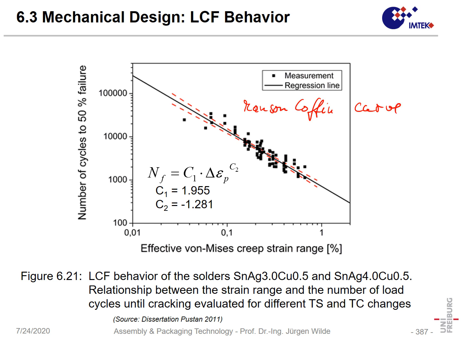And now the next step would be we make a regression to that curve. Here we see the prefactor is roughly 2. The exponent is, in that case, minus 1.28. So it's always negative. That's also clear, because the higher the strain range, the lower the number of cycles, or the lower the strain range, the higher the number of cycles.